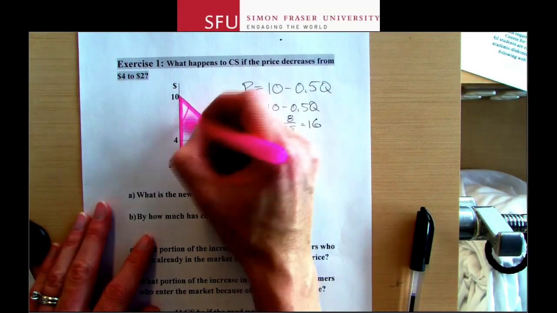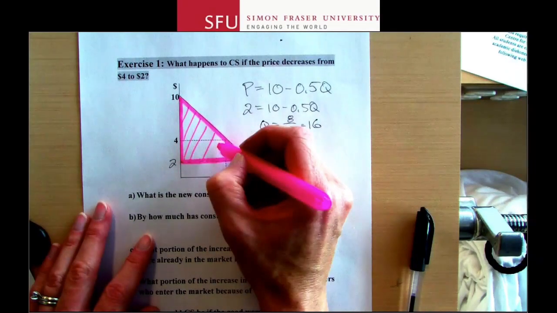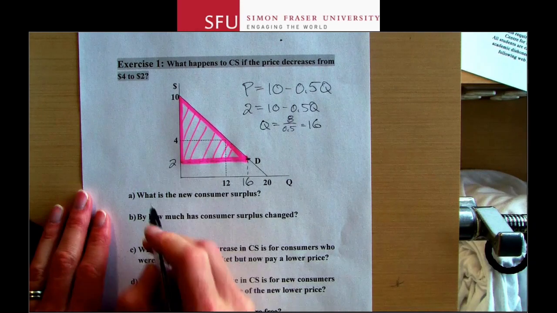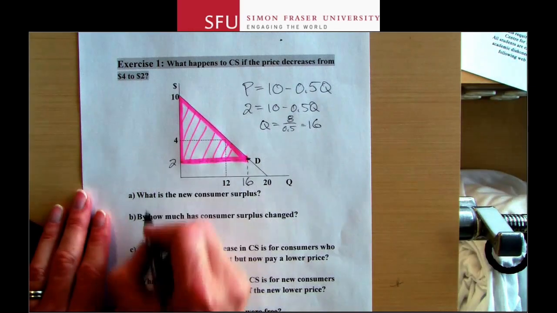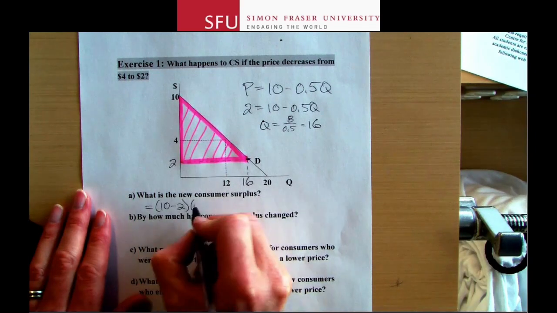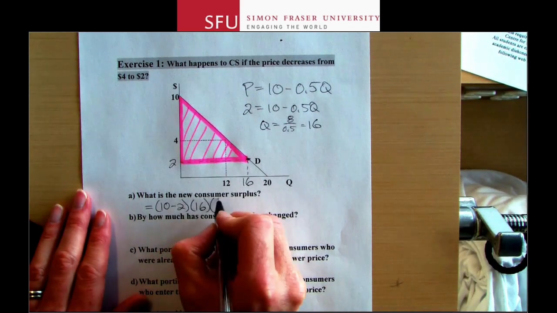And so this is what we want to calculate, the new consumer surplus. Okay, so 10 minus 2 times 16 times a half.